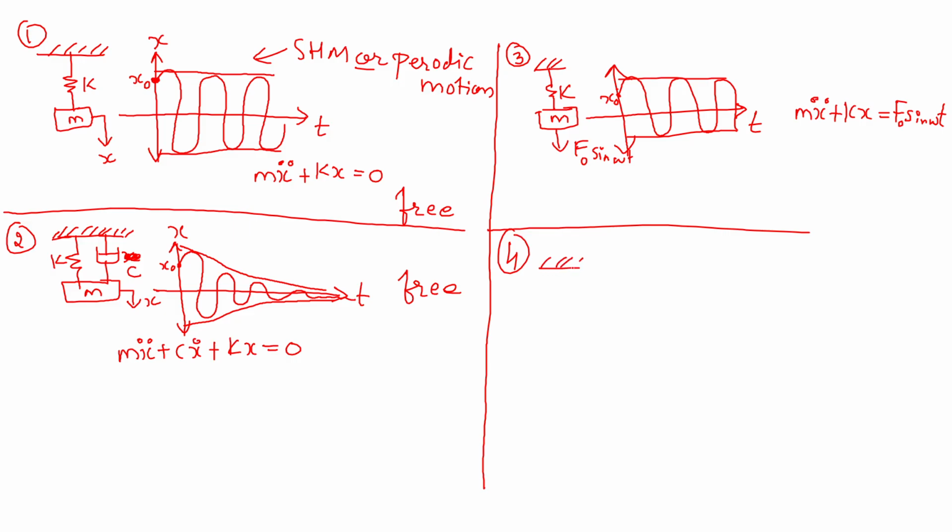Similarly, the fourth case. Here we will consider a spring, a damper, and a mass, with a force F naught sine omega t. Again we will draw the mean position.